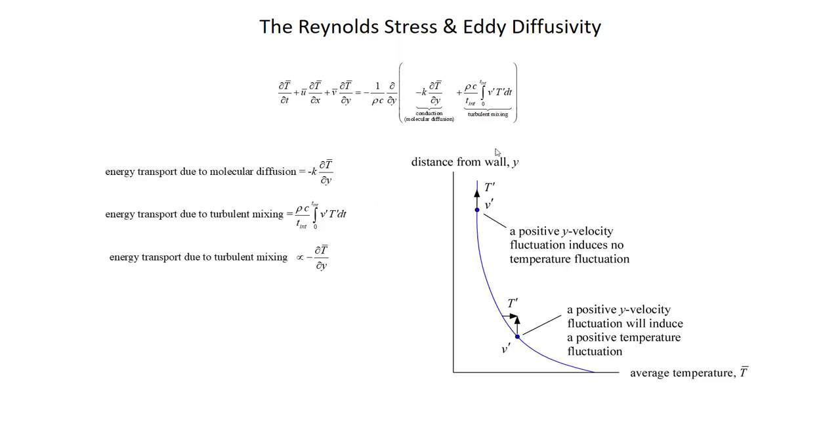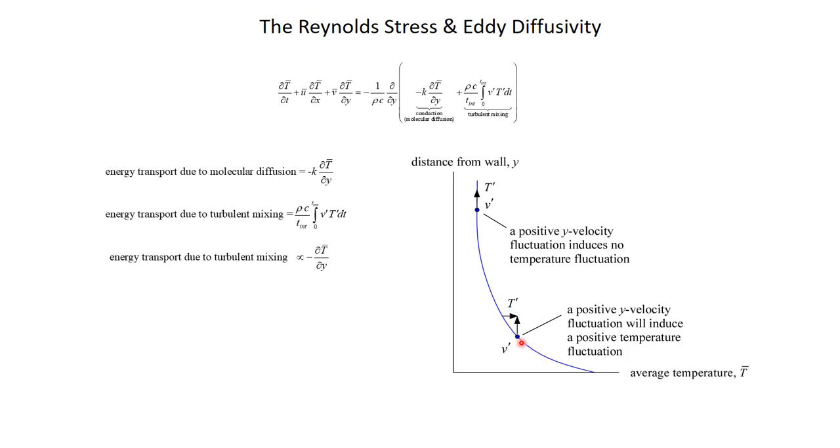To see that, we can do the same kind of mental exercise, right? Here is a temperature distribution. This is distance from the wall. This is the average temperature of the flow. If I'm down here close to the wall where I have a pretty strong negative temperature gradient, right? Temperature's dropping in the y direction.